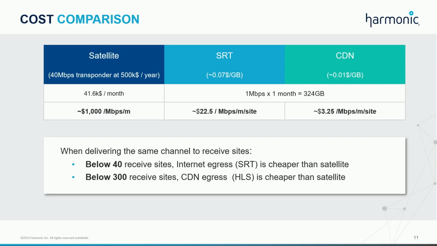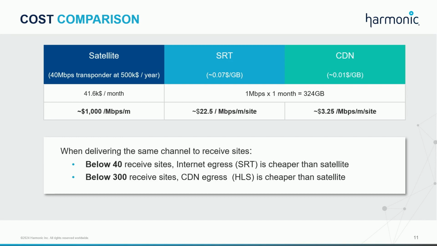It's important to understand because when you move to IP, and especially if you move to SRT or HLS based, the cost itself will depend on the cost you are paying to your internet provider or to your CDN, if you are working with Akamai or Limelight or others. But the cost on the SRT and CDN side is not only per megabit, but per megabit per site.